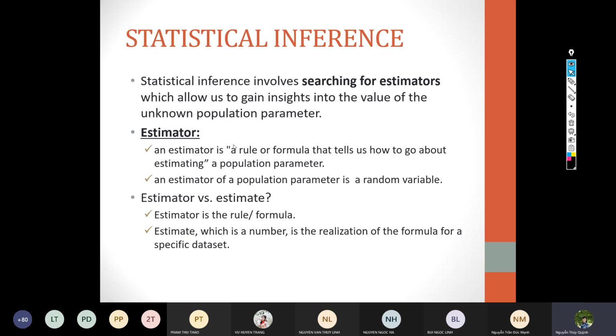So an estimator can be seen as a random variable. It has different values for different samples, and those values we call the estimates. An estimator is a formula and a random variable, and an estimate is a value determined for each sample.